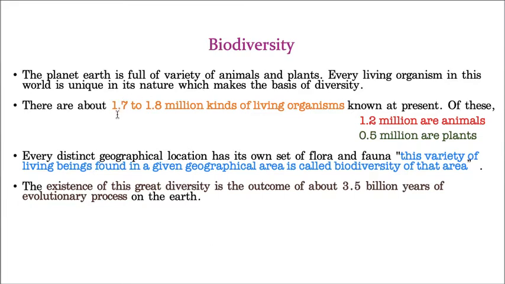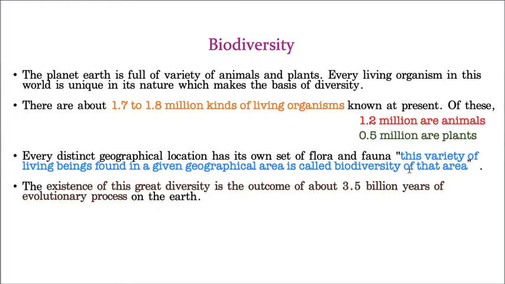There are about 1.7 to 1.8 million types of living organisms on this earth planet, out of which 1.2 million are animals and 0.5 million are plants. See how many species are present on this earth planet. Just imagine. These organisms are restricted to certain geographical areas.